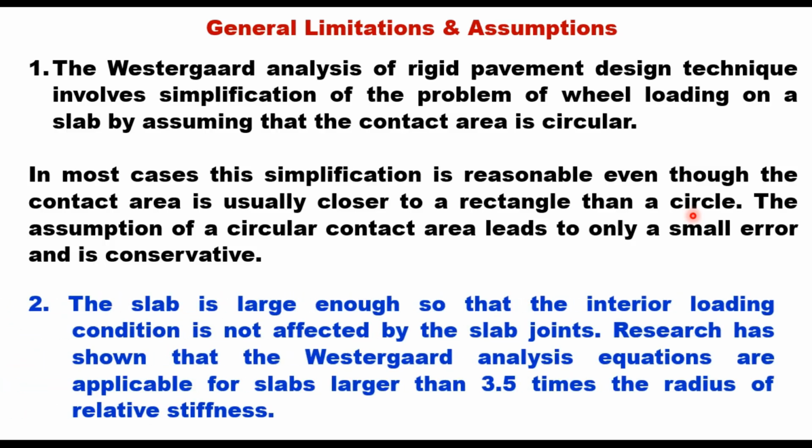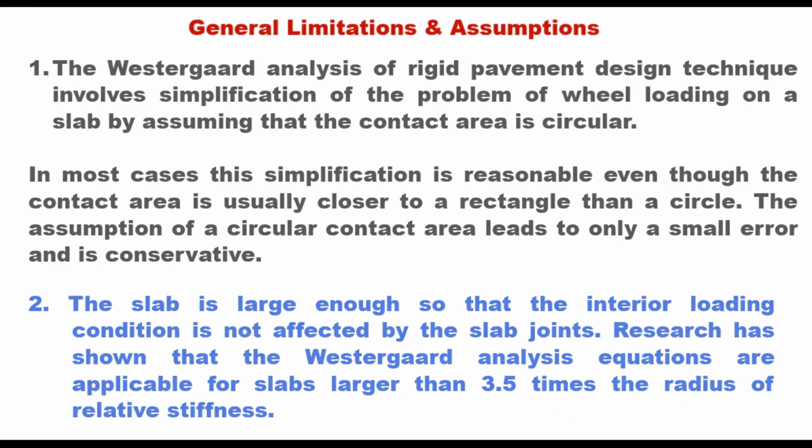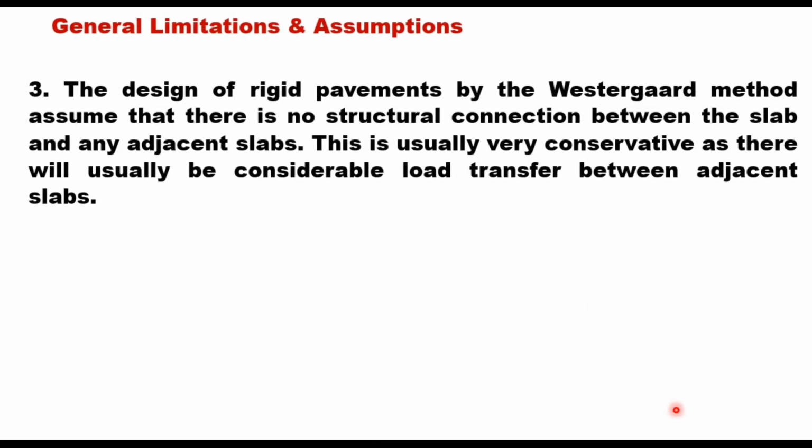The second is that slab is large enough so that the interior loading condition is not affected by the slab joints. And research has shown that the Westergaard analysis equations are applicable for slab larger than 3.5 times the radius of relative stiffness. The third is the design of rigid pavements by Westergaard method assumes that there is no structural connection between the slab and any adjacent slab.